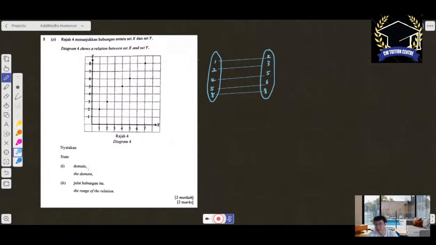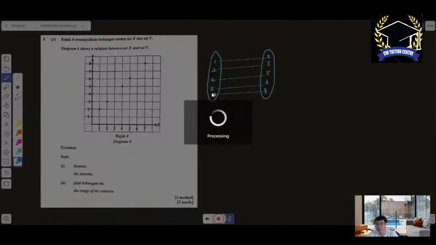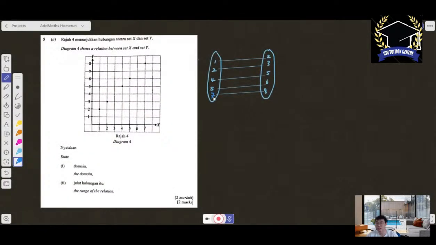So I write the domain. What is the domain? This is 7, right? Not 8. 7. Okay, so I write the domain. The domain must be the X. So the domain is all the points that touch: 1, 2, 4, 5, 7. Must write this bracket. Without the bracket is wrong. 1, 2, 4, 5, 7.